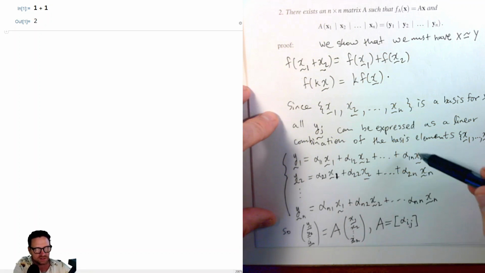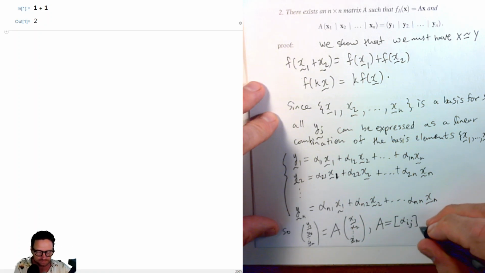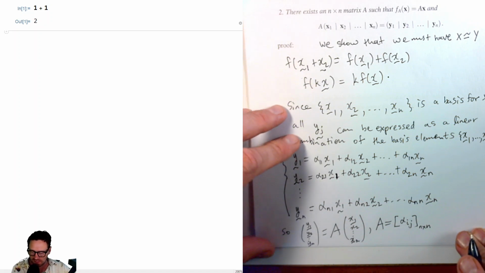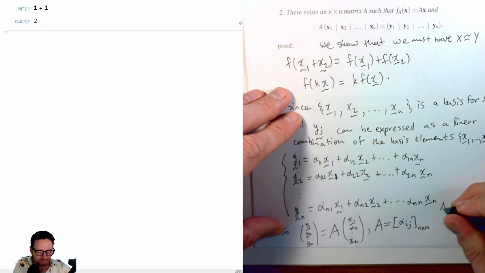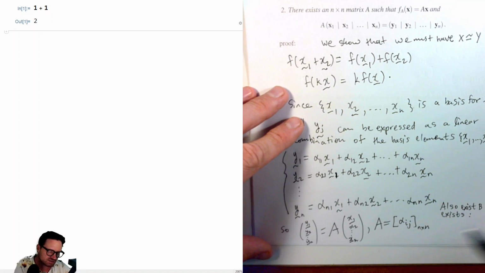So just all of the numbers in here. Okay, and so also there exists a matrix B such that we can do this the other way around.